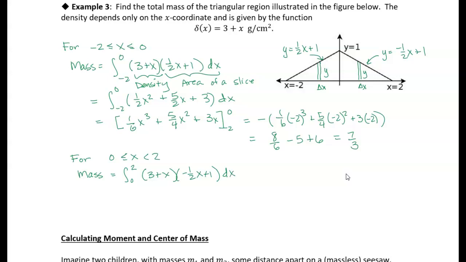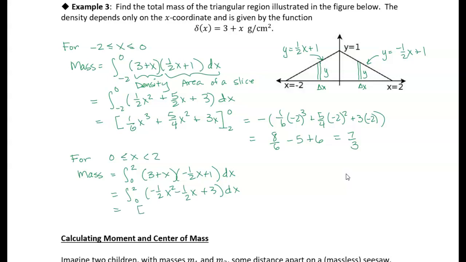Now I'm going to expand. I'm going to multiply these two binomials, so the integral from 0 to 2 of -1/2 x squared, that's the x times the -1/2 x, and then -1/2 x plus 3 dx. Now let's find the antiderivative of all of that.